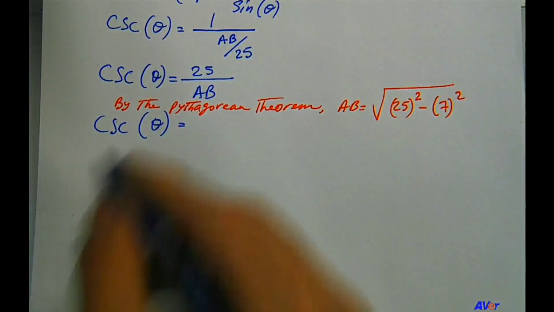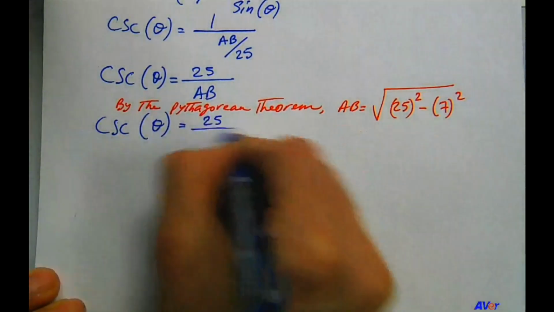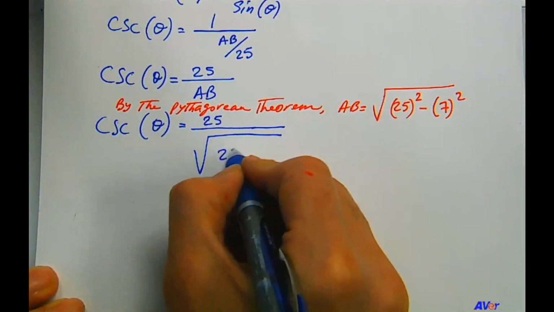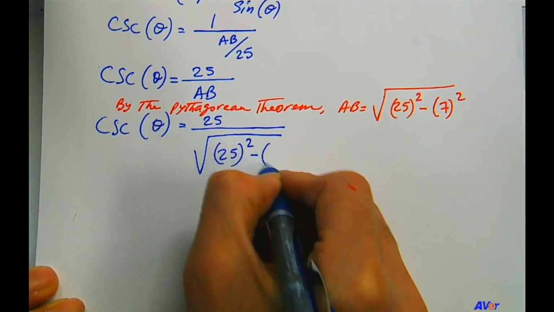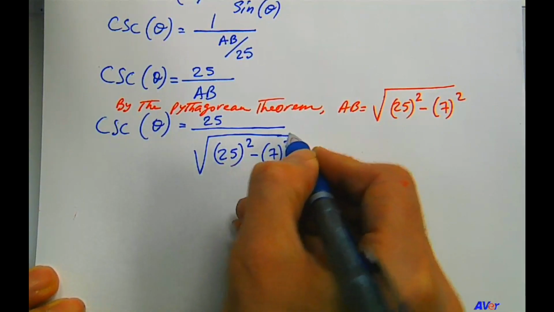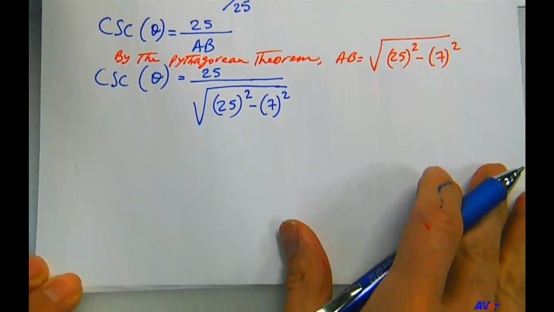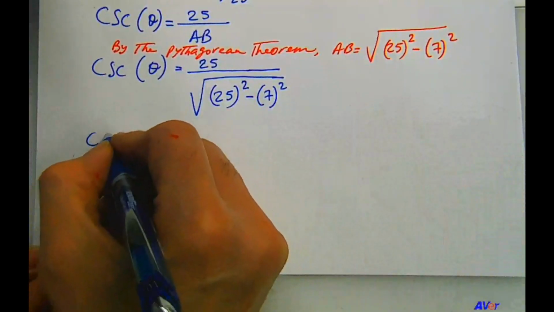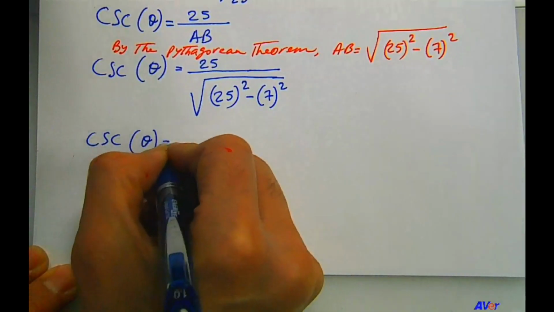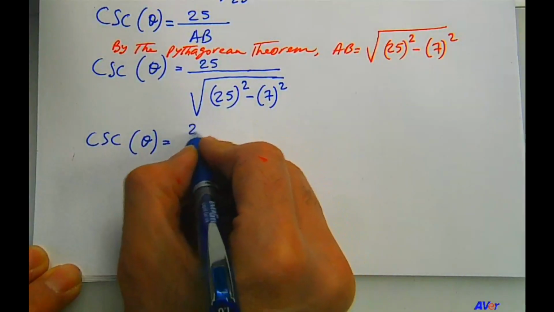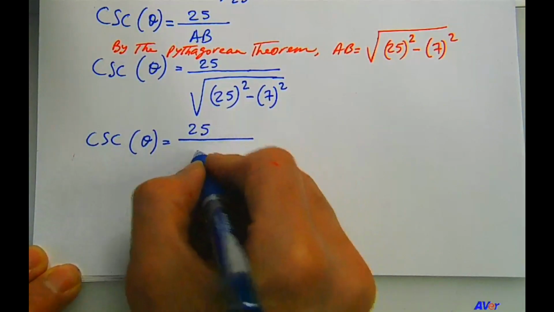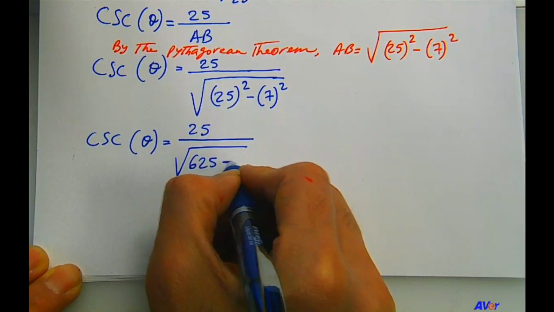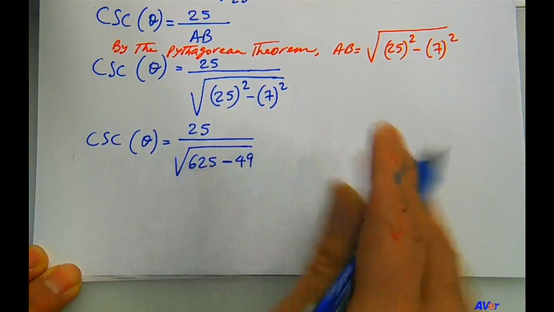So we have 25 divided by square root of 25 squared minus 7 squared. Okay, after this, it's just a matter of simplifying this, right? Cosecant of theta is equal to 25 divided by square root of 625 minus 49.